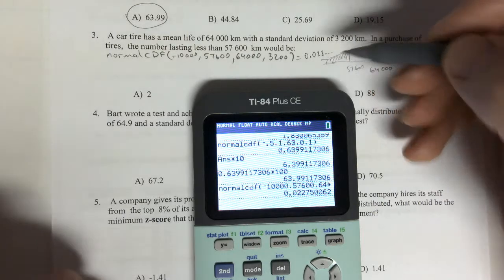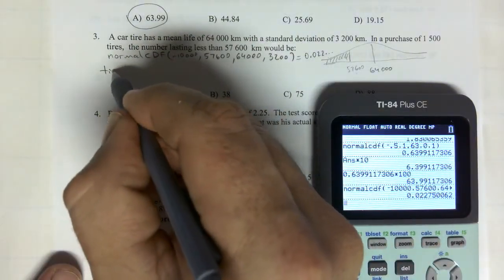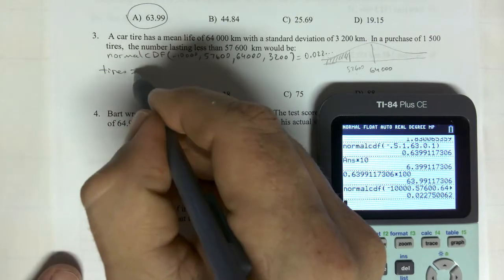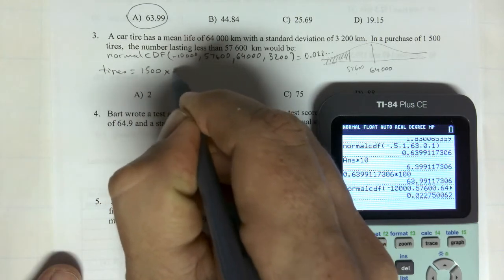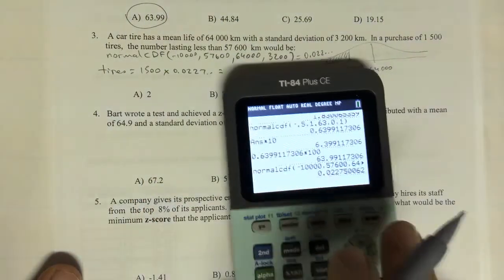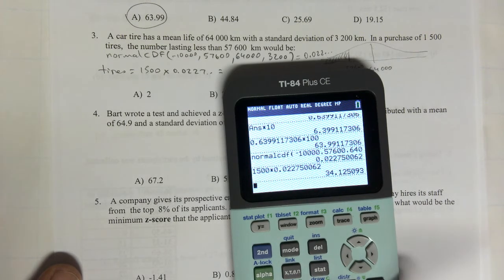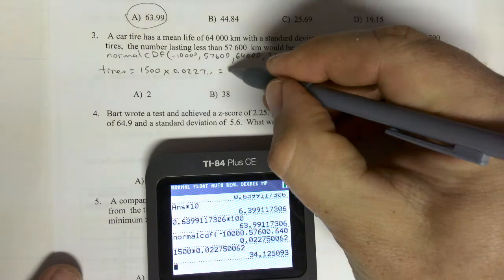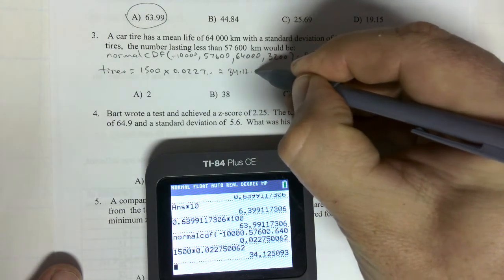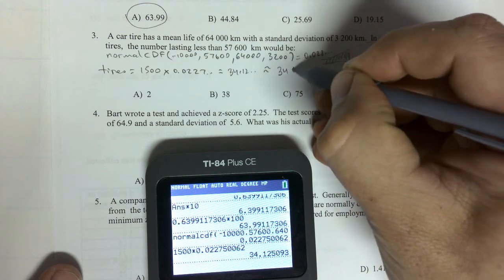I'm just going to leave that on my calculator, and then I will say tires would be 1,500 tires times 0.0227. You can use all decimals there. So it's 1,500 times the percentage of tires that would apply, and that's 34.12, which is approximately 34 or 35 tires.